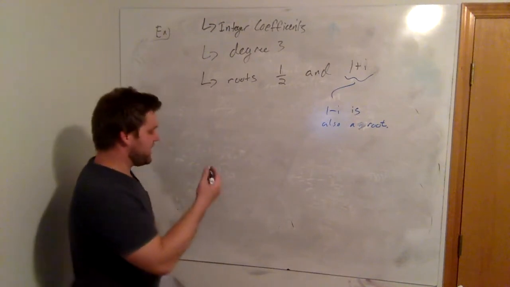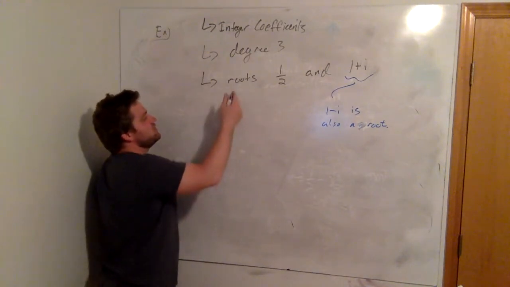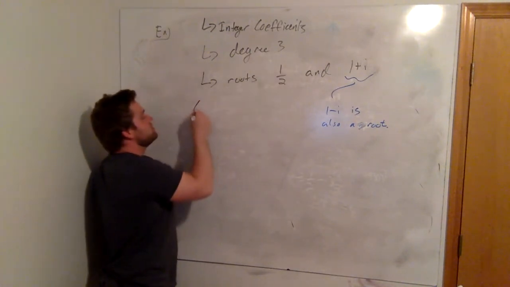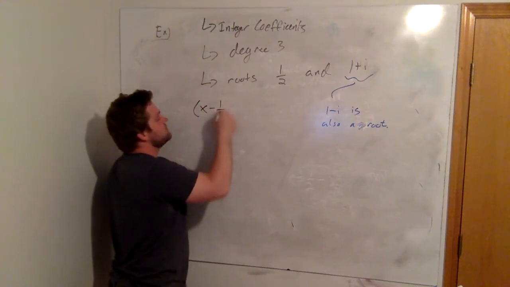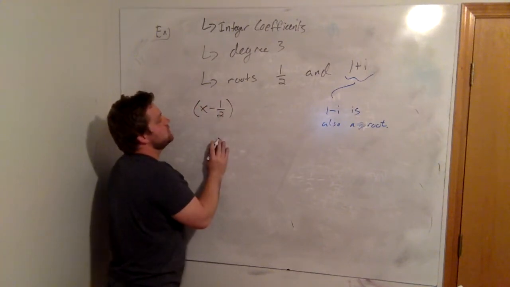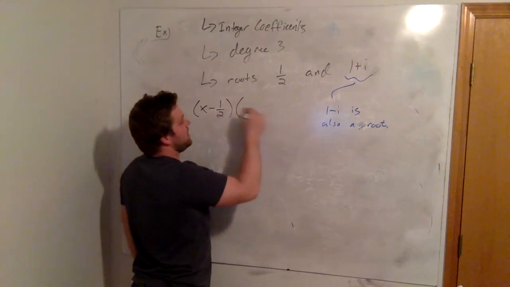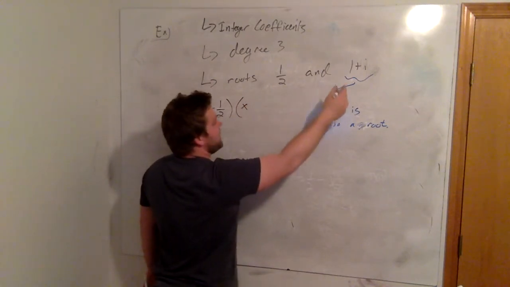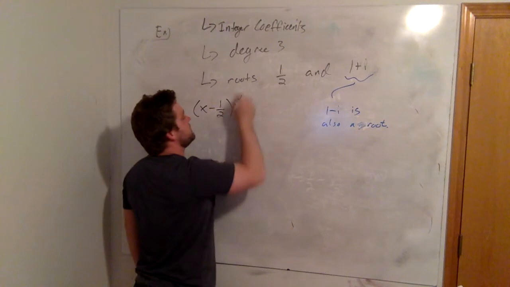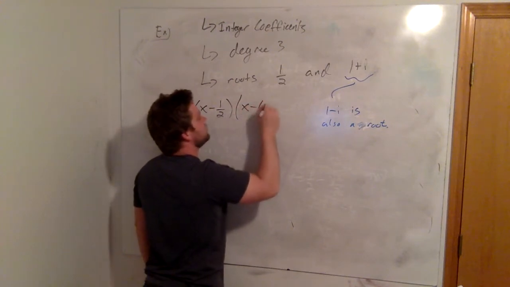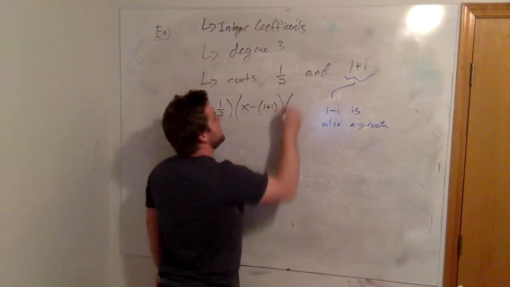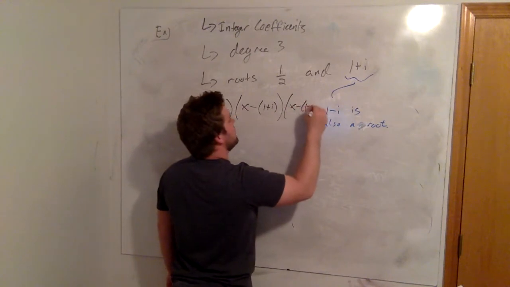Okay, so let's factor this. If 1/2 is a root, that means I'll have an x minus 1/2. And I have 1 plus i and 1 minus i as roots, so I'll have an x minus a 1 plus i and an x minus a 1 minus i.